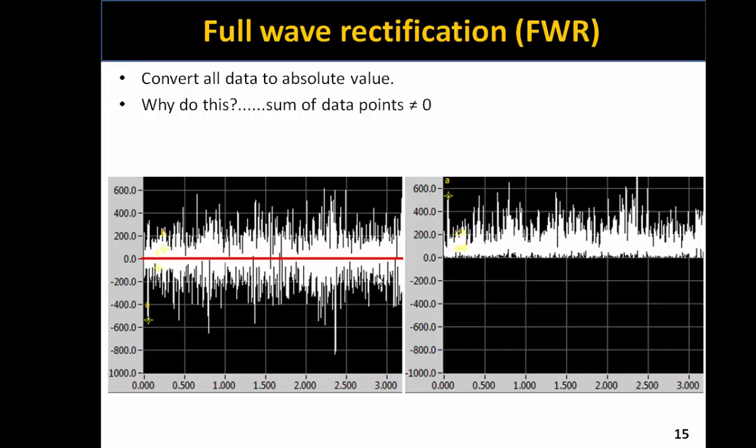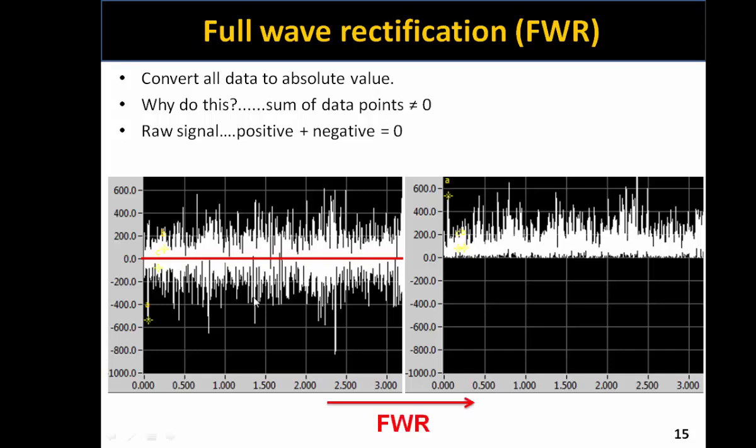So mathematically, by converting to the absolute value, all the data points will not equal 0. In the raw signal, the positives will balance out the negatives and give an overall value of 0, which will not allow us to quantify the EMG signal.